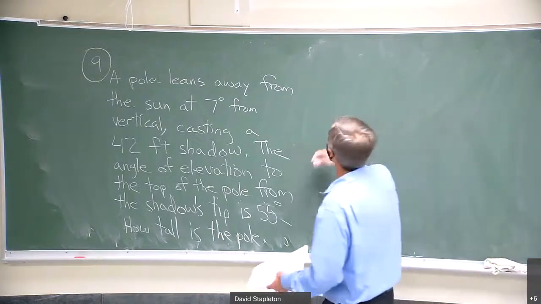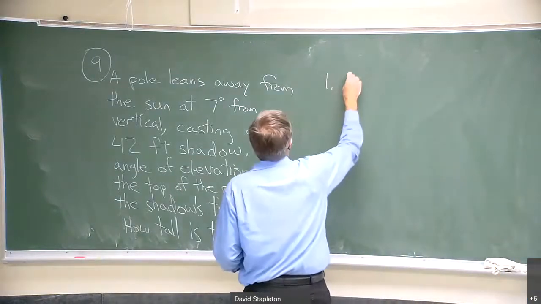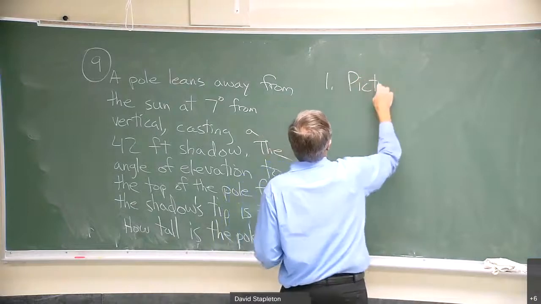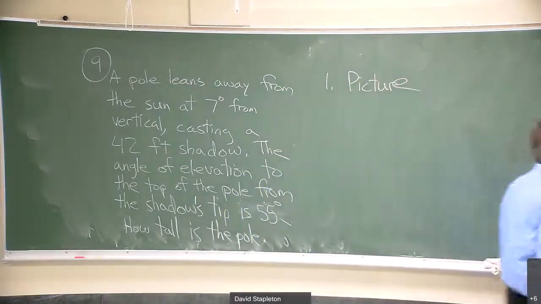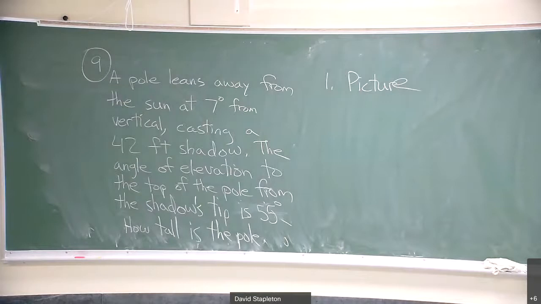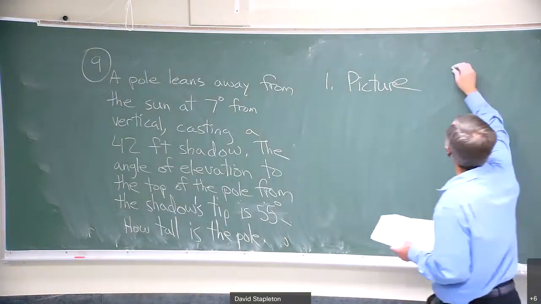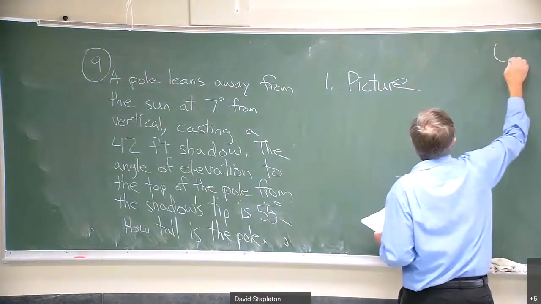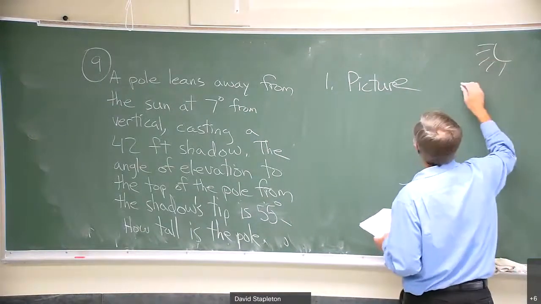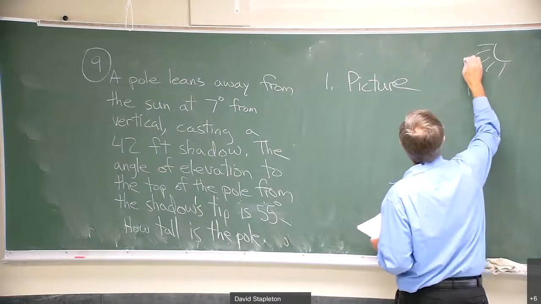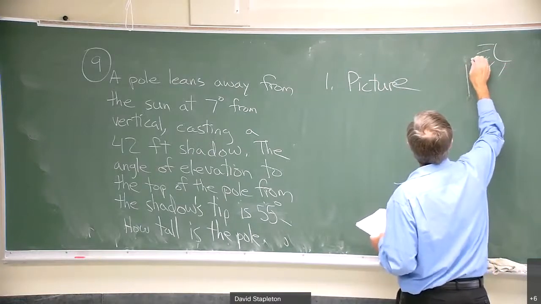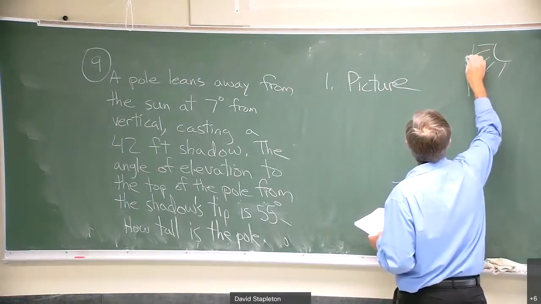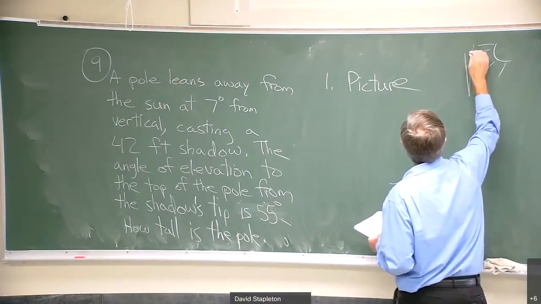This is a similar problem, right? Here's the first thing in an applied problem. You begin by drawing a picture. It's showing up on video. Make sure I'm not too far over again. Yeah, I guess it's okay. The sun is over here, and the pole leans away from the sun 7 degrees from vertical. This is going to show you why you want to make a picture.